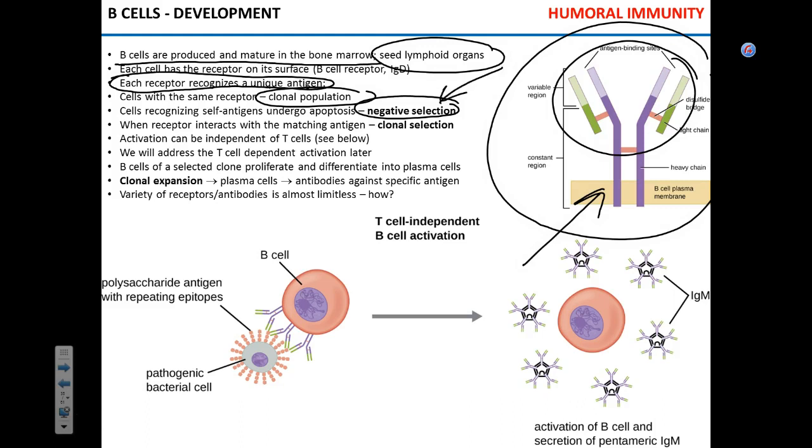So B cells that can recognize and get activated by our own self-antigens, so-called self-reactive B cells, get destroyed. And if this process fails, what then? Say the population of B cells that can recognize myelin are released into the wild.